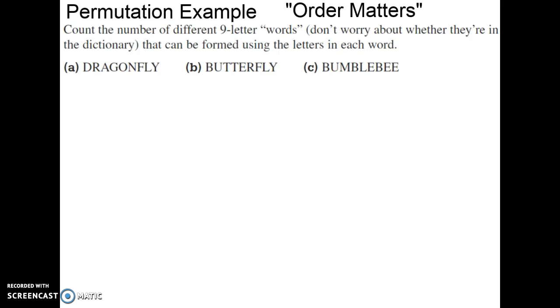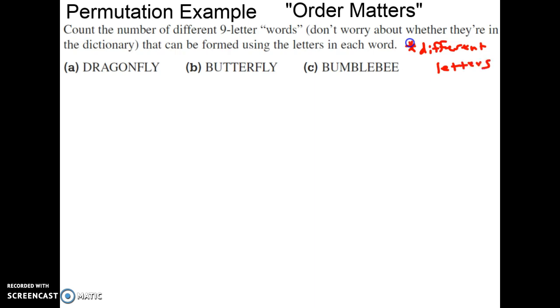So in this case, we have three different words here. They're 9-letter words, and we want to know how many different ways we can write them. For A here, we have the word dragonfly, and it's important to know that we are looking for the amount of different letters. Okay, so dragonfly, there are no repeats.